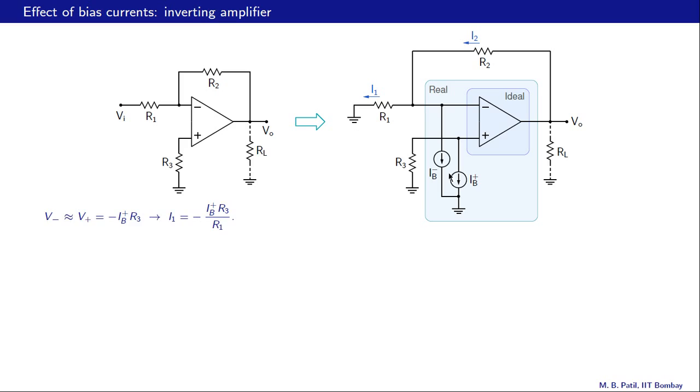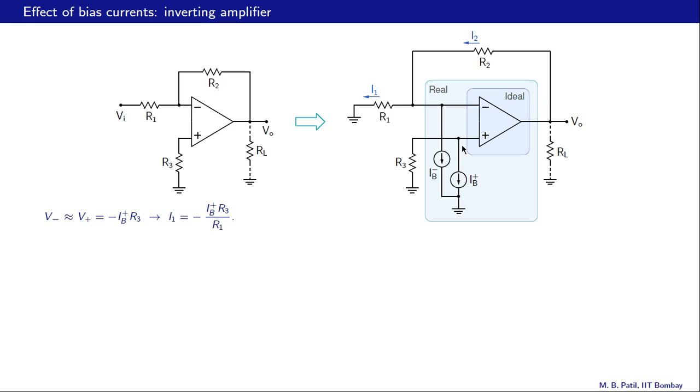Let us start with V plus. This current is 0 because that's the input current for the ideal op amp. So therefore this Ib plus would go like that, and the voltage at this node therefore is minus Ib plus times R3.